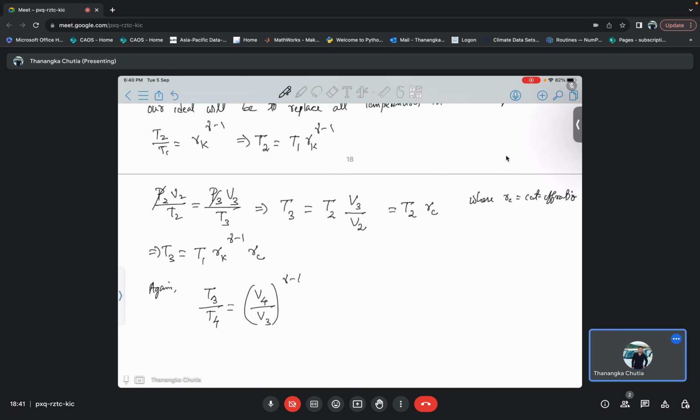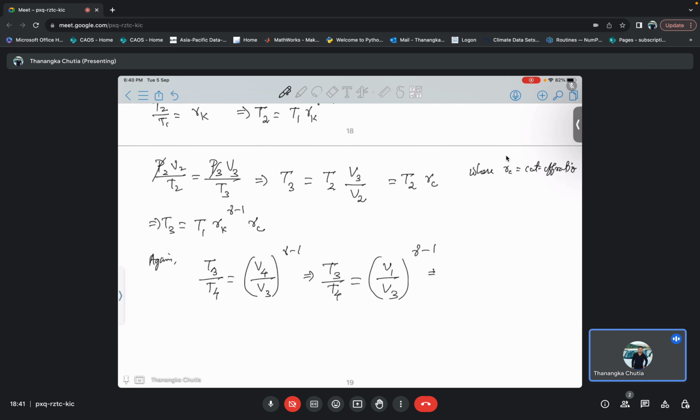Okay, now this I can write as T3 divided by T4. What is V4? It is nothing but V1, so V1 by V3 to the power gamma minus 1. Now I can write V1 divided by V3 as V1 by V2 into V2 by V3, to the power gamma minus 1. Is it clear? I can write this way.